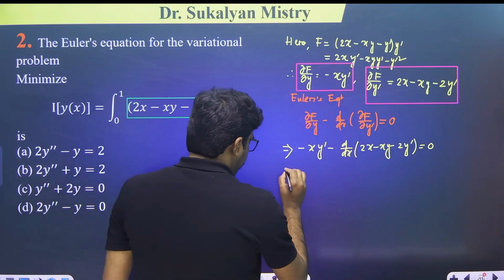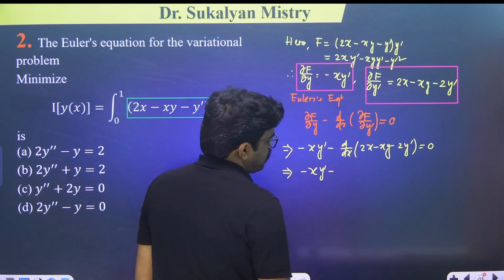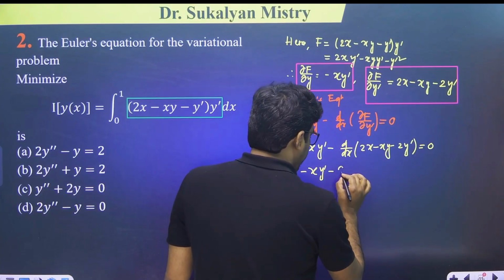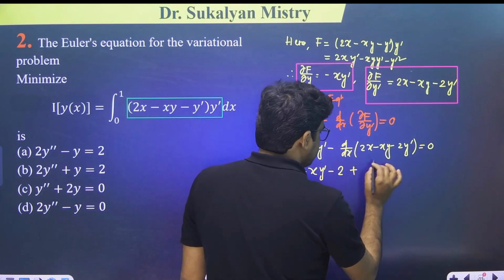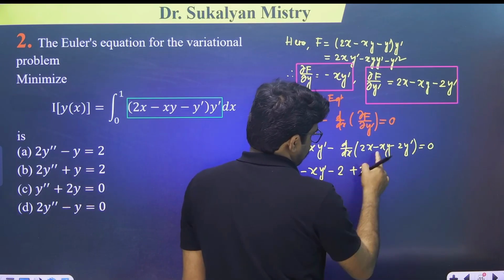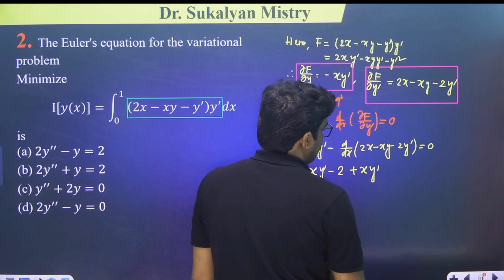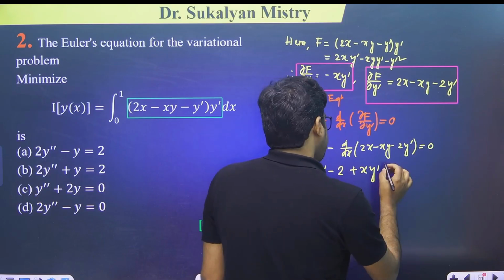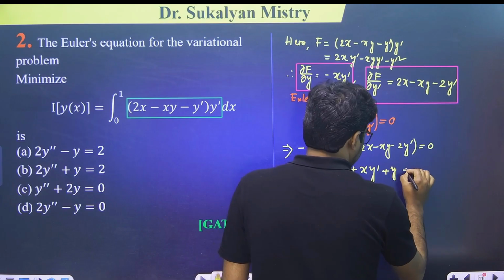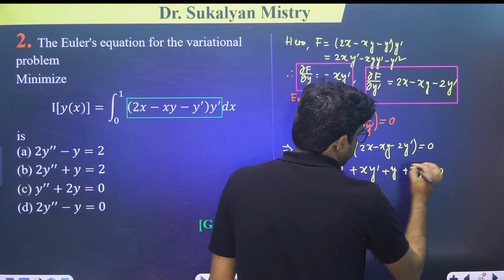So this implies minus x y dash minus, now differentiating with respect to x, this will be minus 2 plus, first x is constant, differentiation of y, that is dy/dx, that is y dashed, plus y plus 2y double dash is equal to 0, right?